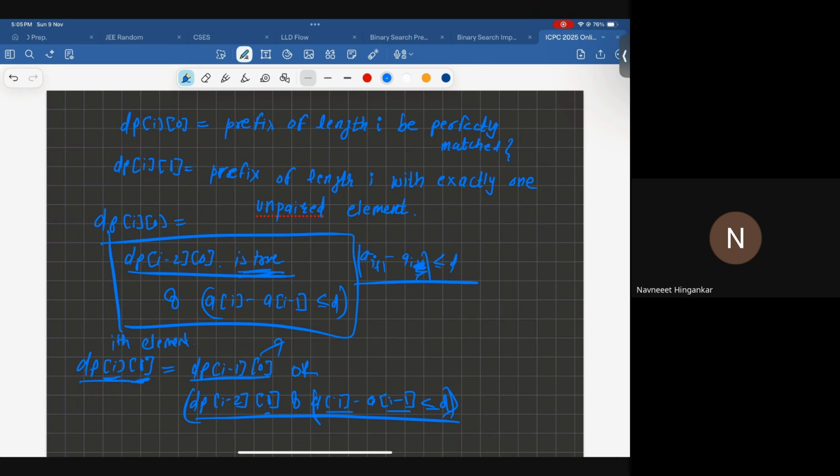We have to pair each number with each other, so we just need to check on the sorted part that the difference of a1 and a2 is less than or equal to D, a3 and a4 is less than or equal to D, a5 and a6 too. So it's basically a constraint on differences that we can use. Got it.